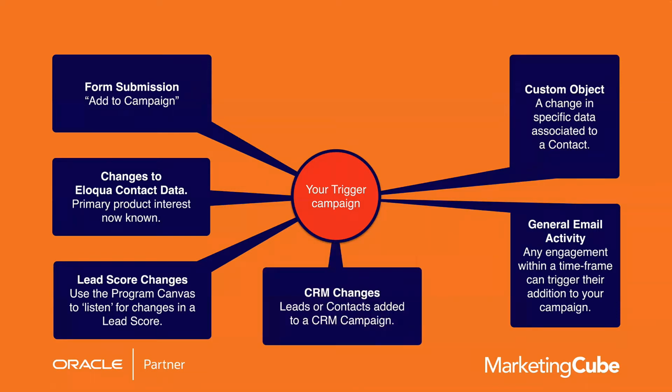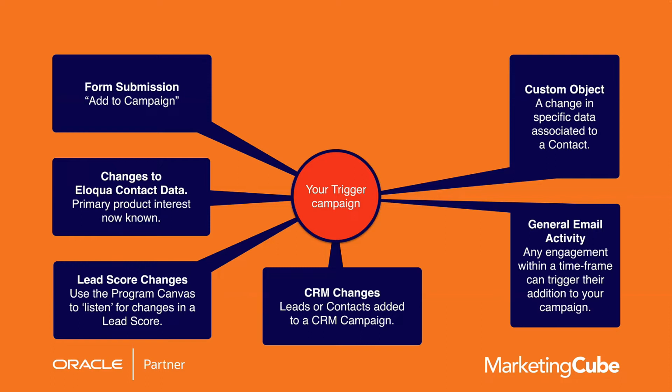CRM changes. Typically, if there's a CRM change, there can be a few things that happen here. Each CRM is a little bit different. For those using a Salesforce CRM, where you've got a campaign object that links into Eloqua, you could create the campaign within the CRM, take that ID, and associate it to the segment within Eloqua.